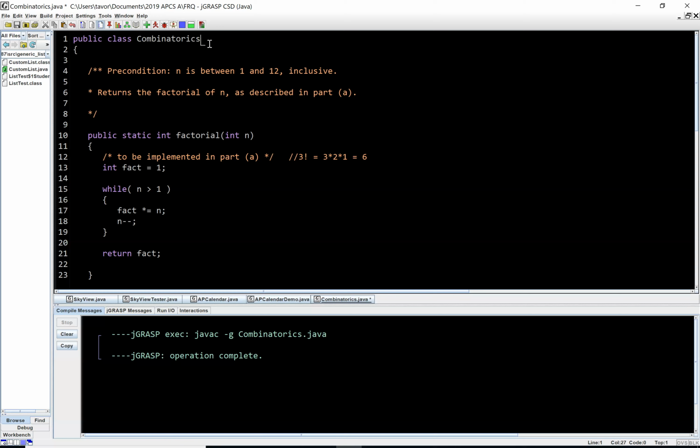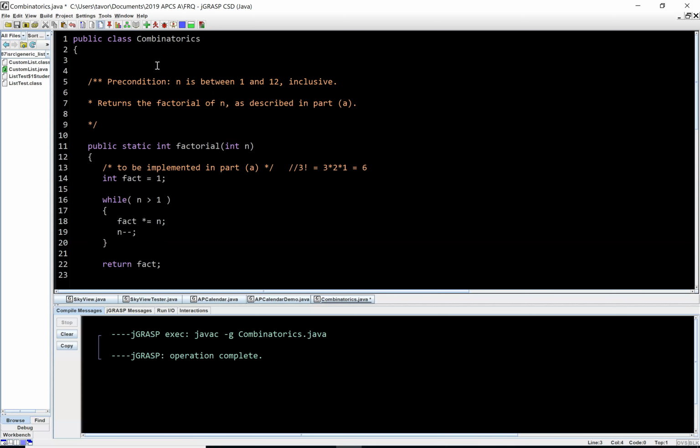Now, you would not have to do this in the actual free response question, because they're not asking you to test your methods, but because we want to know if we did this right, we want to test our methods. So in here, I'm going to actually code the static method.